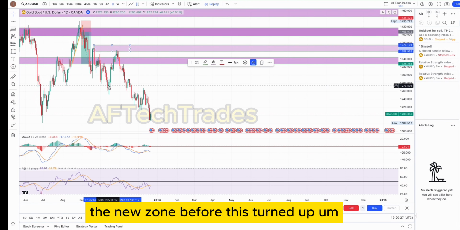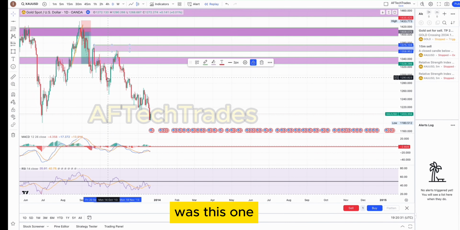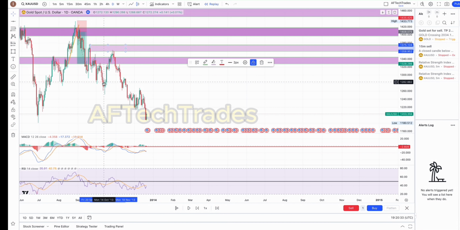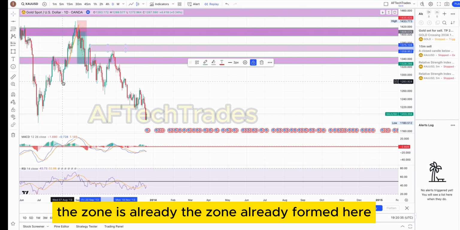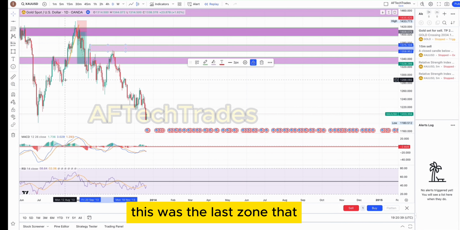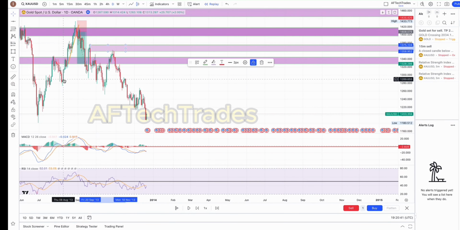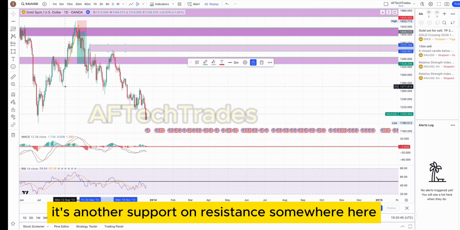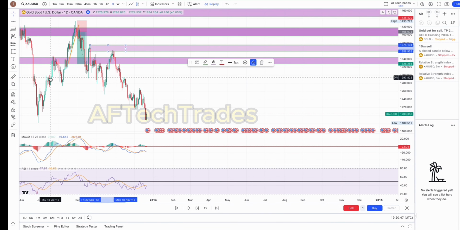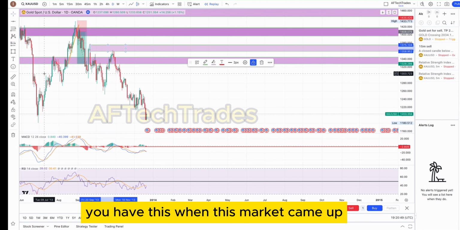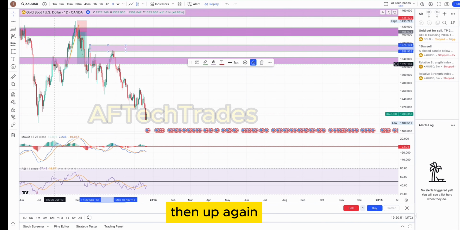The new zone before this turned up was this one, which is also here. The zone already formed here. This was the last zone, yes, it's another support turned resistance somewhere here. When this market came up, it came down here, then up again.